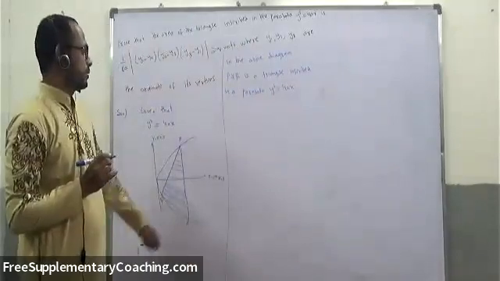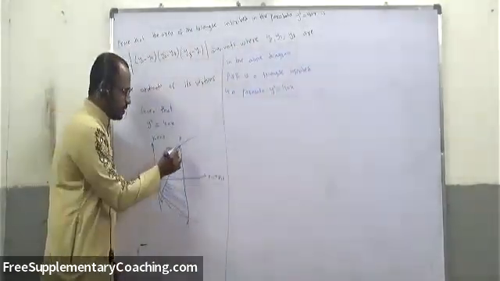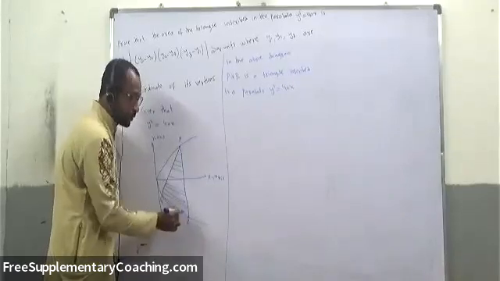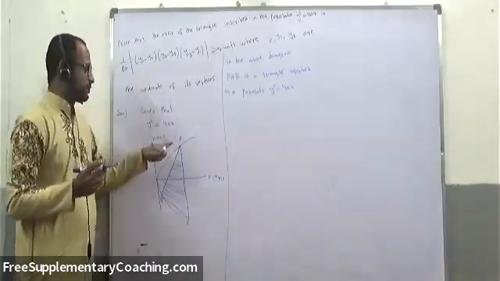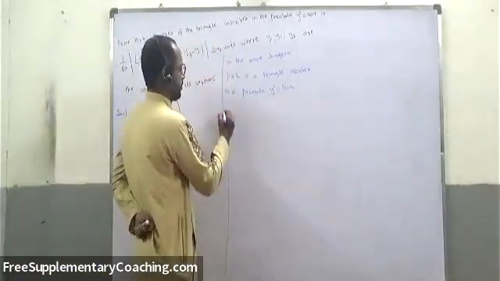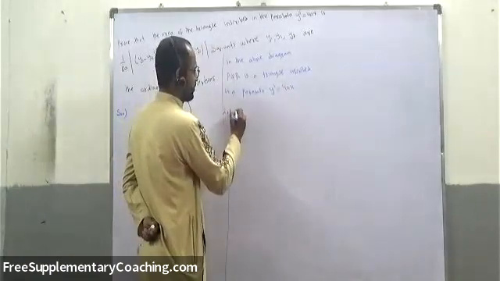See, if these are the vertices of a triangle, I'm taking them in parametric form, that is, this I am taking from the parabola parametric form.